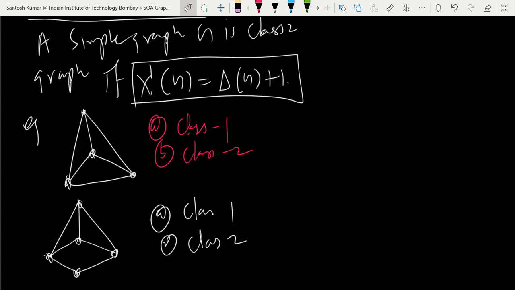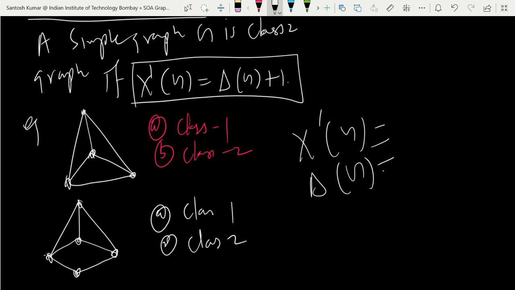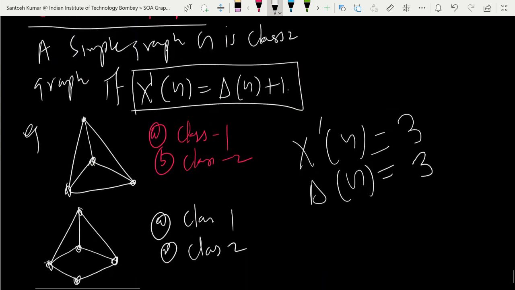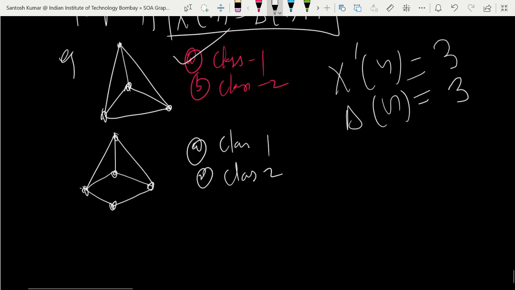So the first one is class 2. Why? What is chi dash G and what is delta G? Chi dash G is 3. What is delta G? The maximum degree of a vertex, 3. So what do you see, class 1 or class 2? Class 1. Yes, so it is class 1. What about the second graph?